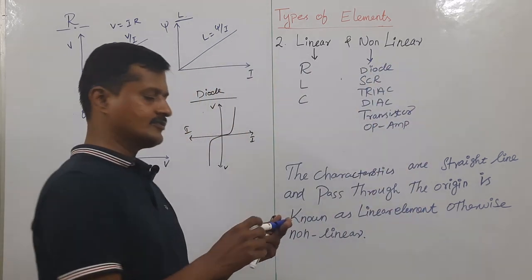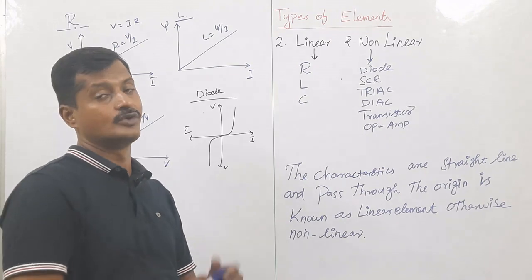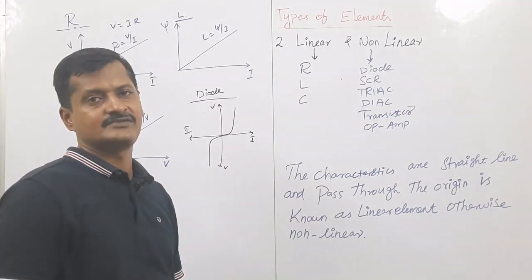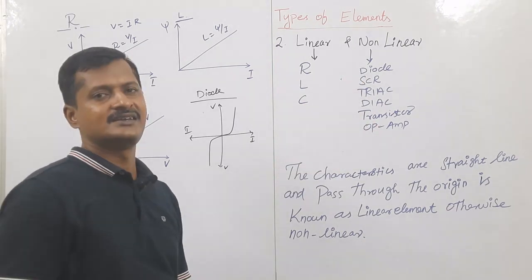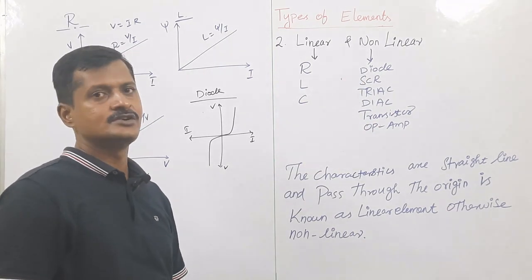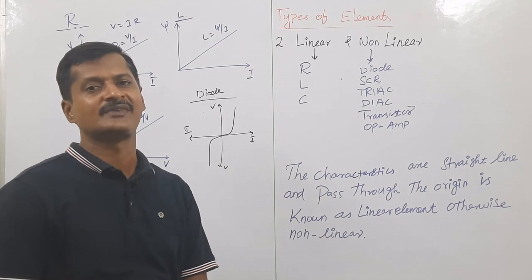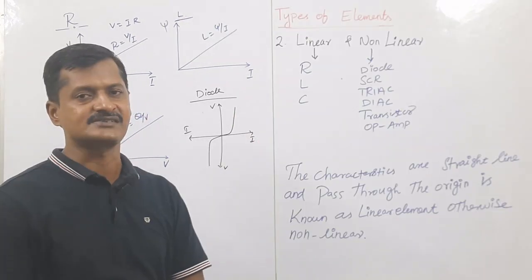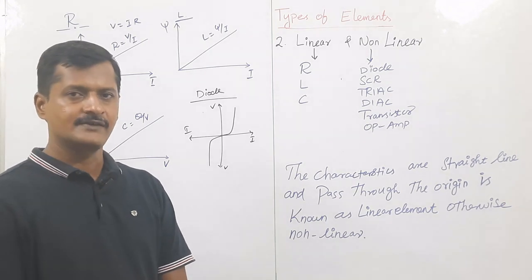So these are all examples for non-linear elements. So now the difference is clear. Here, active and passive devices: every active device is a non-linear device, and every passive device is a linear device. Based on these two comparisons you can understand, right?